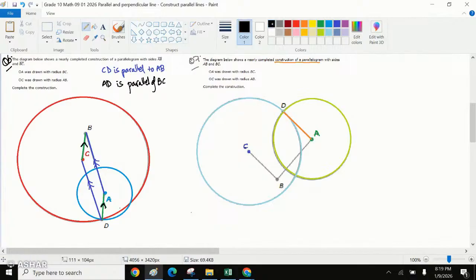What is AD? Yes, AD is the radius. So if we have a line that is parallel to the radius, then we can say BC is also in the same direction and the same length as the radius. If we draw BC and AD as the same length, we can say they are a pair of parallel lines, right? How about the next line?